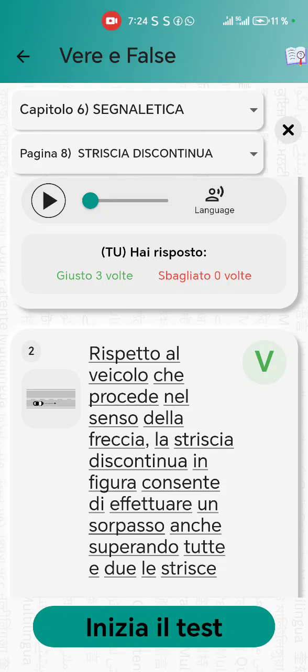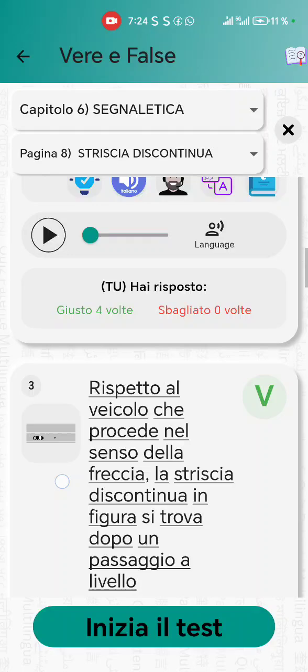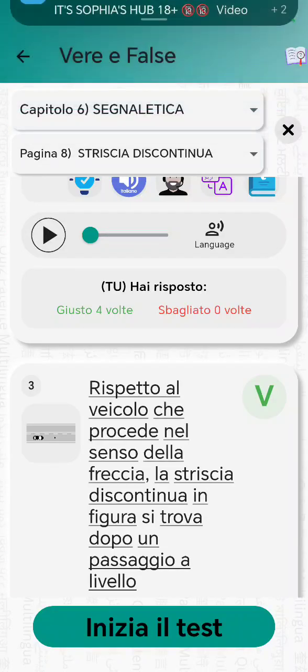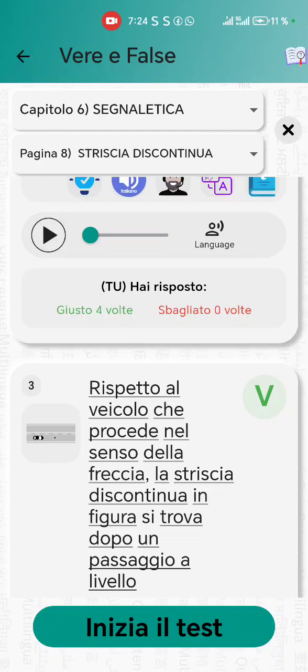So now vero, guys. The last one. It say rispetto a veicolo che procede nel senso della freccia, se la striscia discontinua in figura si trova dopo un passaggio a livello.